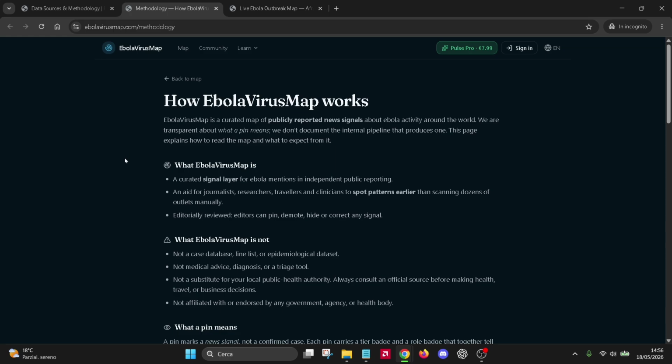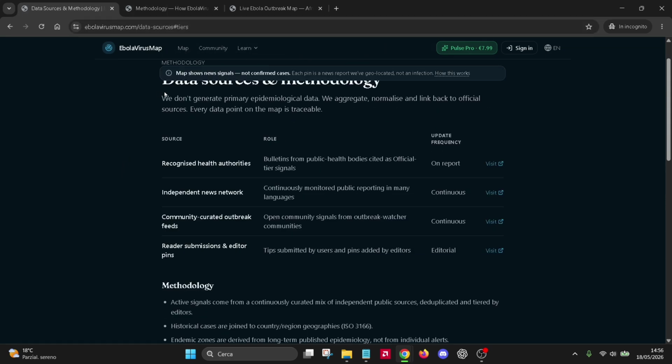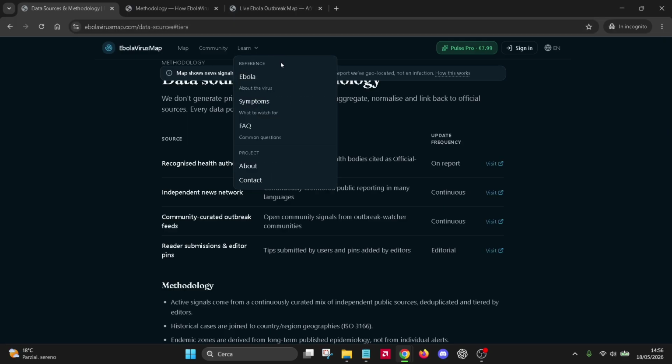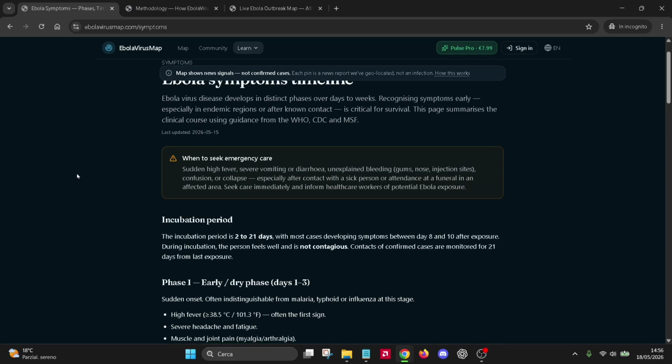Good analysis always begins by understanding what the data actually represents. The dashboard aggregates information from reputable institutions including the World Health Organization, the Africa Centers for Disease Control and Prevention, the Centers for Disease Control and Prevention, the European Centre for Disease Prevention and Control, and ProMed.